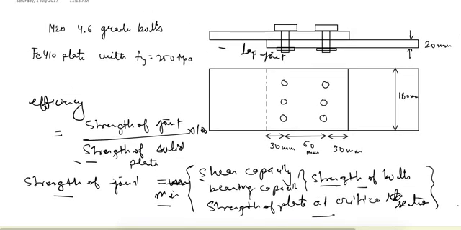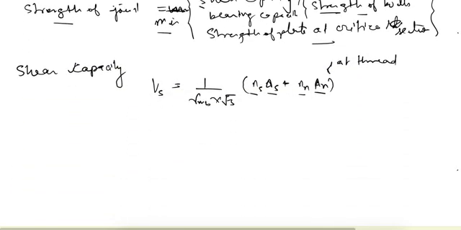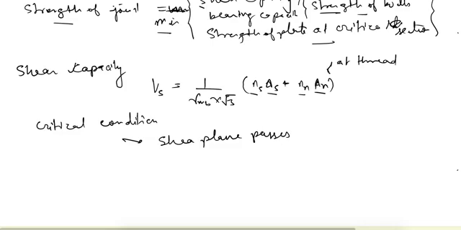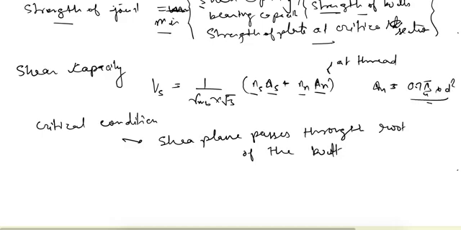So if it is a case of lap joint or single shear, to find out the critical condition, we'll assume that the shear plane passes through the root of the bolt or the thread part, because it will give us the net less area, that is An equal to 0.78 times pi by 4 into d square.